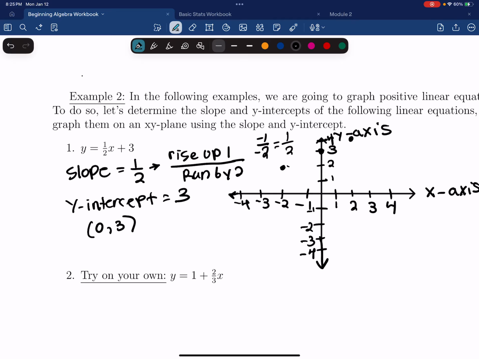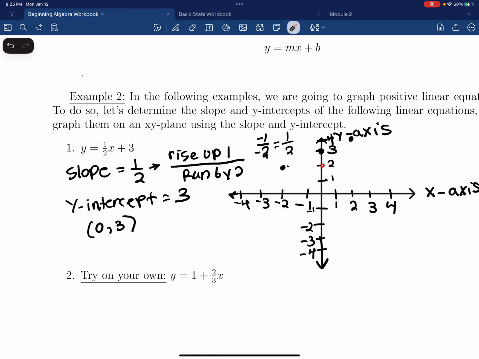That's positive, right? Even though we're going down and left, those are two negative values, but remember, slope is a quotient. Slope means we're dividing the change in two things. So if you have two negative values, it still ends up being positive because a negative divided by a negative is a positive. So that's why you can do this as well.